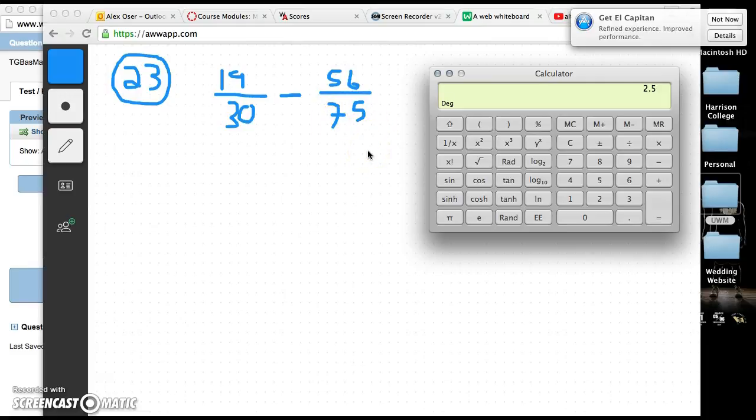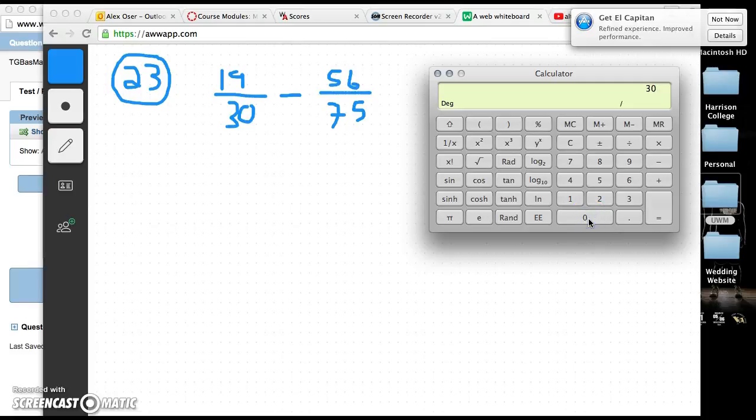So let's move to the next multiple of 75, and that would be 75 times 2. So 75 times 2 is 150. We'll confirm that here on the calculator. So 150 is a multiple of 75. Is 150 a multiple of 30? Once again, we would have to take this value of 150 and divide it by 30.